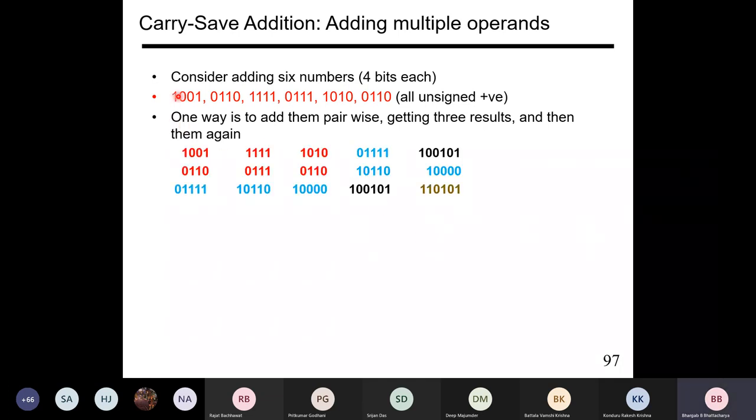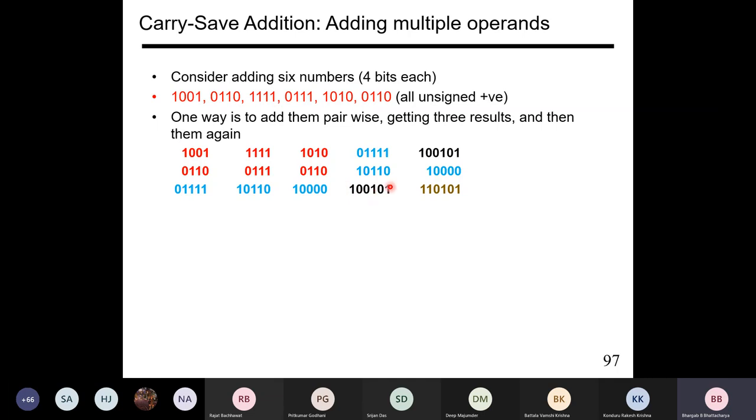So that means let us take them in pairs. So this is the first pair, and this is the second pair, and then this is the third pair. I add the first pair and get the result here, and this second pair I add, I get the result here, and the third pair I add, and then I keep on adding these results again. So I take these 2 and add them together.